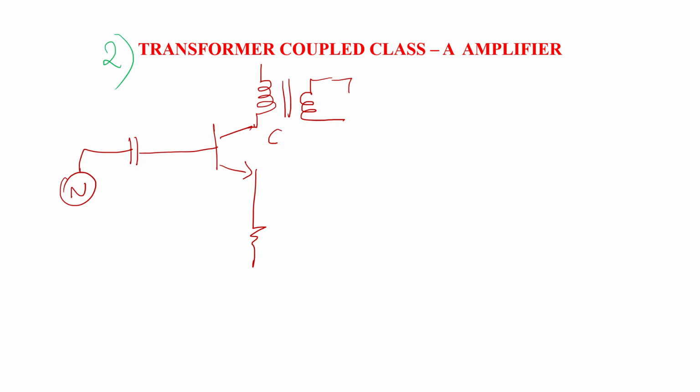BJT, a transformer is coupled, and the amplified output is obtained in the output.